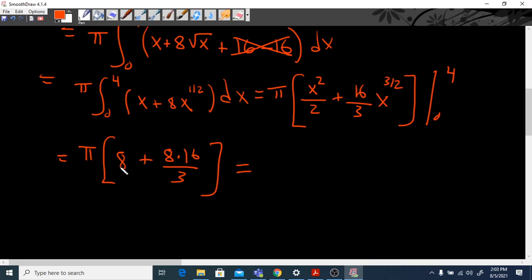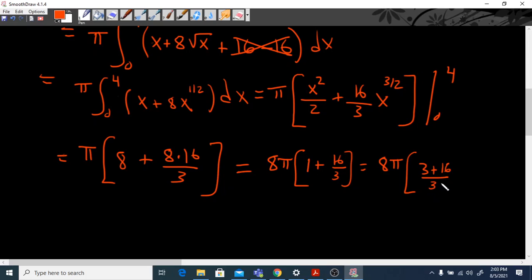Now I can factor the 8 out. So I get 8 pi multiplied by 1 plus 16/3, which is 8 pi times (3 plus 16) divided by 3. Just doing some algebra here. Then we have 8 pi over 3 multiplied by 3 plus 16, which is 19.